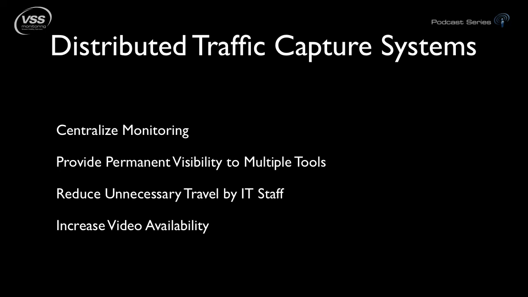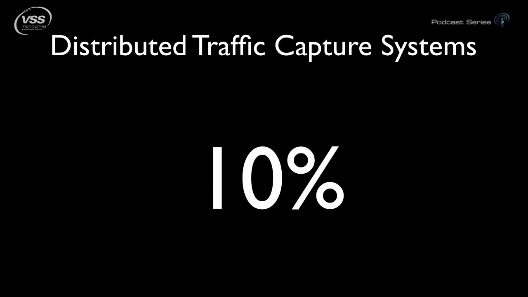According to the Aberdeen Group, their studies show that the best-in-class organizations, which are more likely to use distributed traffic capture systems, achieved an improvement of 120% in application availability over organizations that do not use distributed traffic capture systems. Distributed traffic capture systems from VSS provide visibility to all networks while simultaneously improving the efficiency of network analyzers, security, and performance analysis tools.